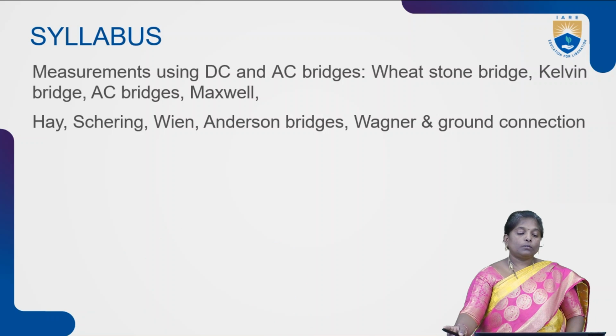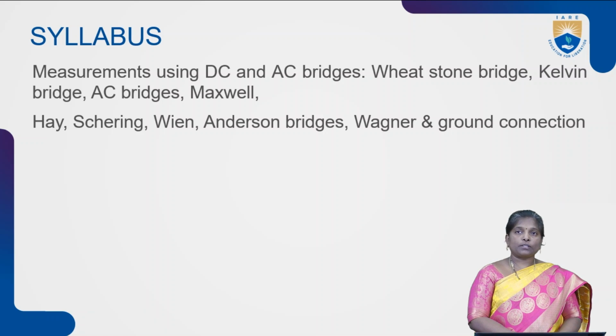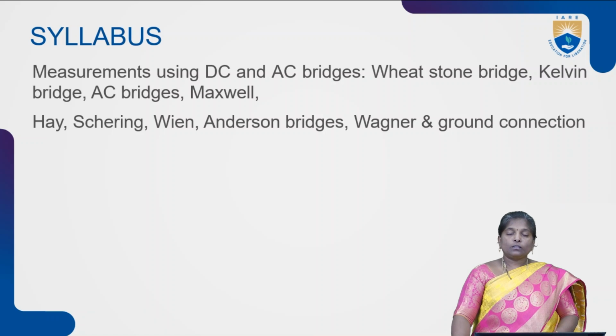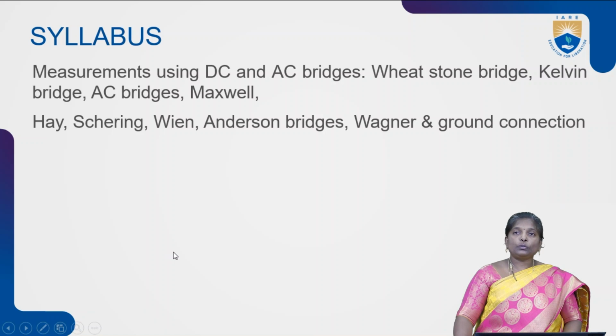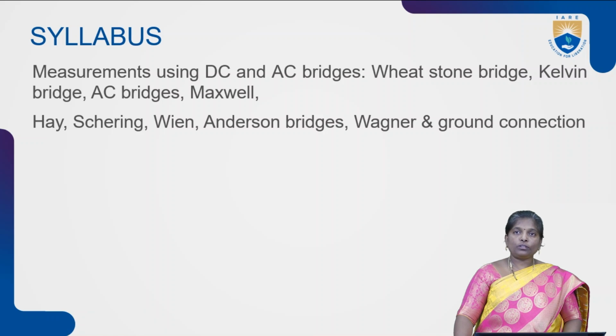This is about bridge, how to measure unknown parameter with the help of a bridge, and what are the different types of bridges we have. In our syllabus, we have two types of bridges, AC bridges and DC bridges. As we have discussed, AC bridges consist of input signal as the AC input, whereas DC bridges consist of input signal as the DC input.